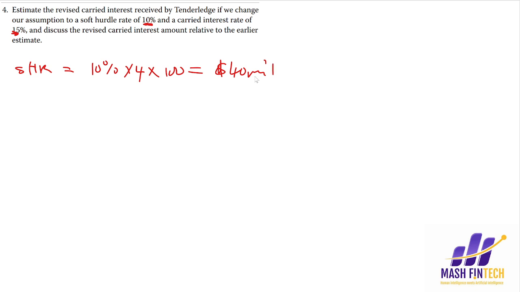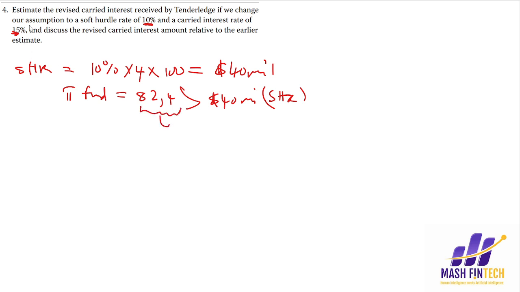But our investment net of the management fees, we got that the profit for the fund was equal to 82.4, which is greater than the 40 million for the soft hurdle rate, which therefore means we are going to get on the total return, we get 15%.